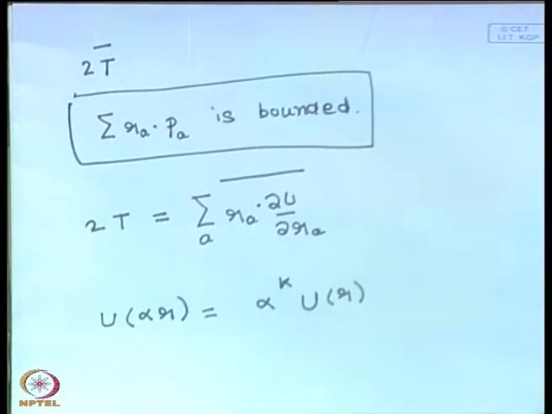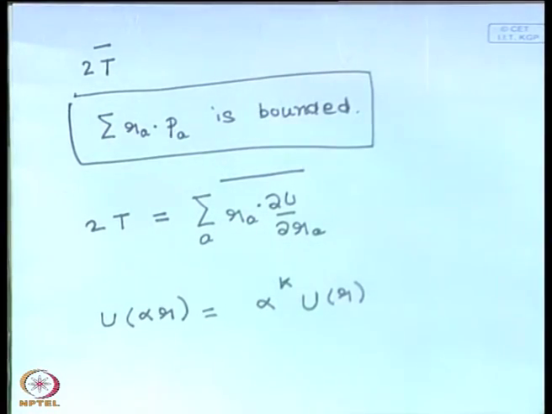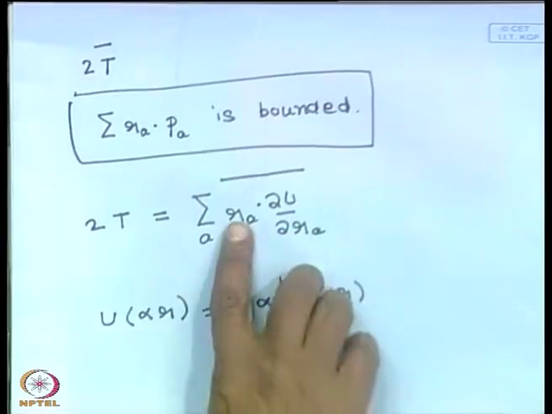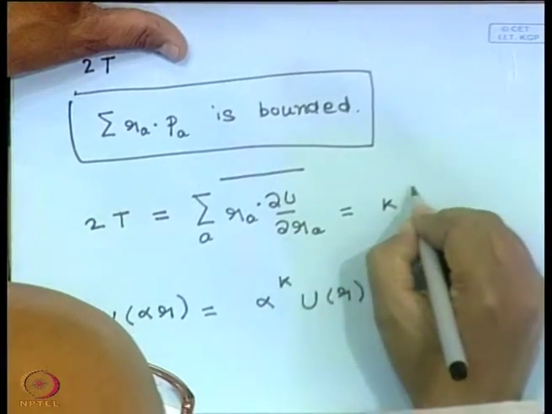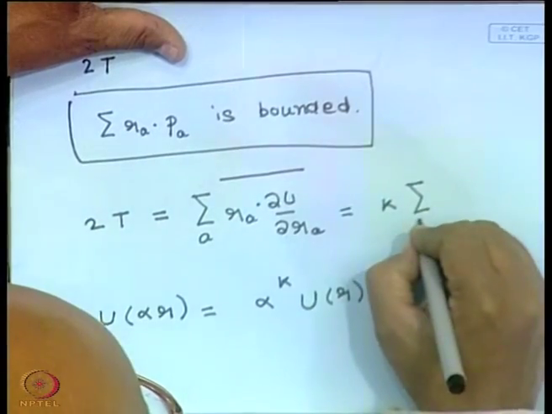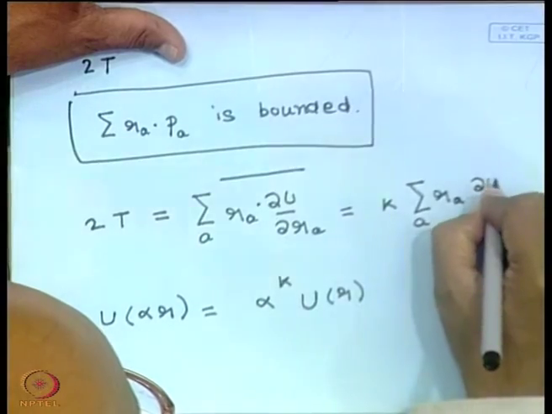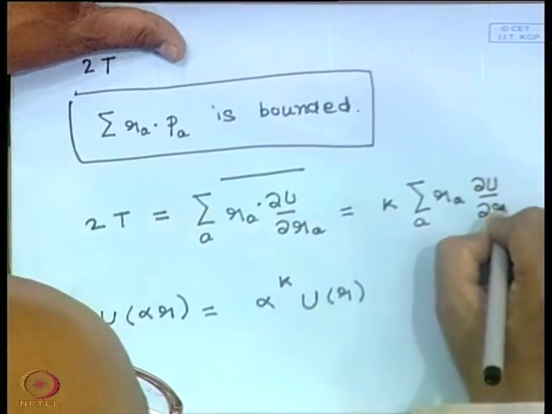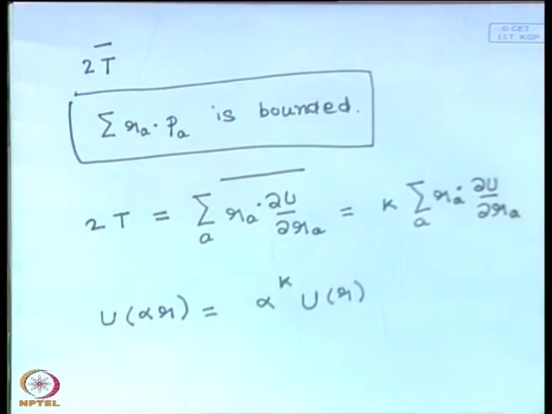So, in this situation, if I differentiate U with respect to r and multiply with r again, then this will be k times the same quantity. You can easily verify this by taking a power law, right, power law.